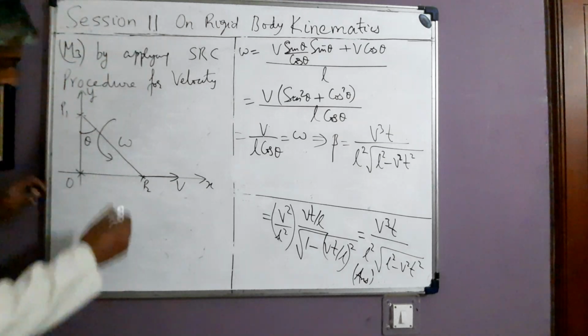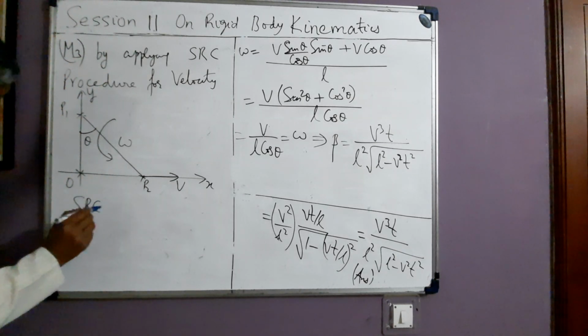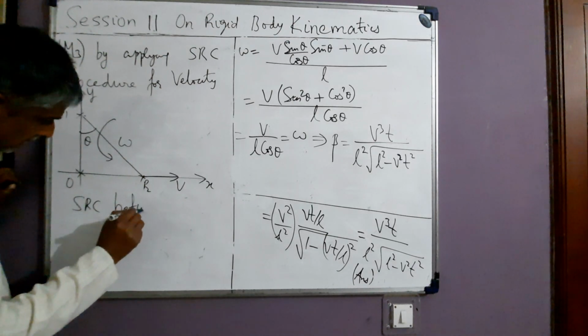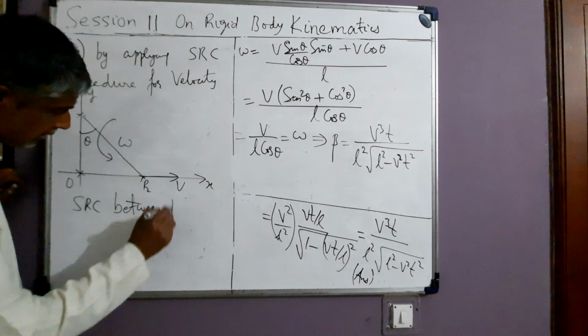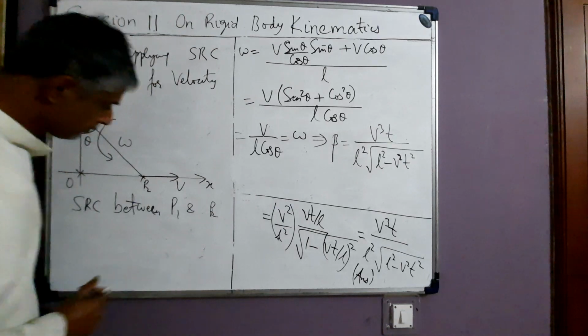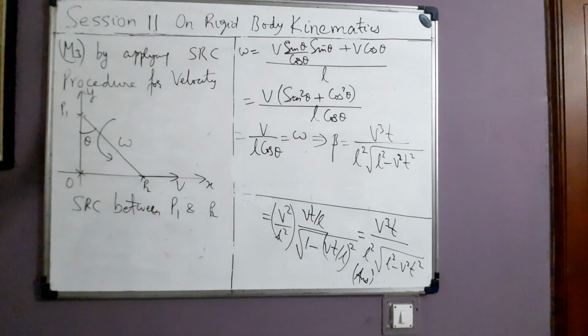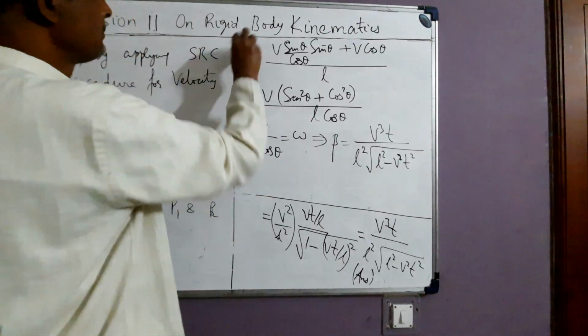So SRC between P1 and P2, and P2 is the selected point.